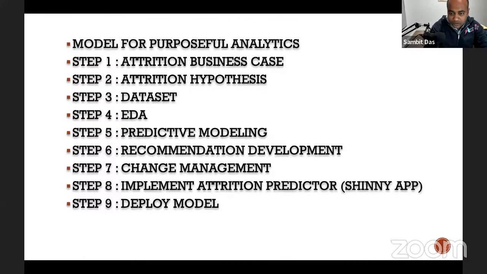Now, predicting attrition in an organization is fine. That is one step. But I wanted to go a little bit beyond that. I wanted to develop the prescriptive side of the app, and for that, I'm going to touch on the recommendation.